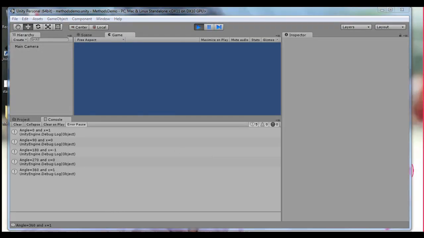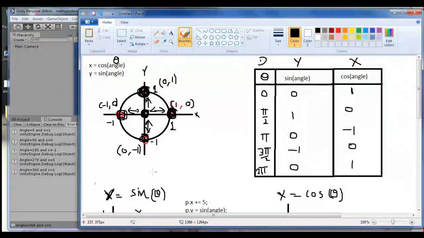Let's compare. Angle 0 we have x equal to 1, angle 90 x equal to 0, angle 180 x is -1, angle 270 x is 0, angle 360 that is 2 pi, x is 1.